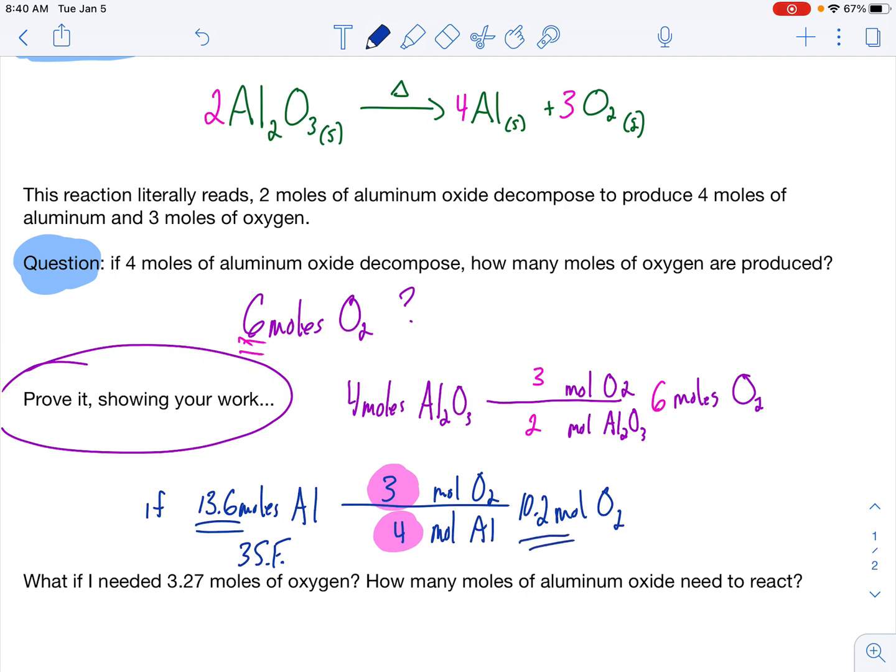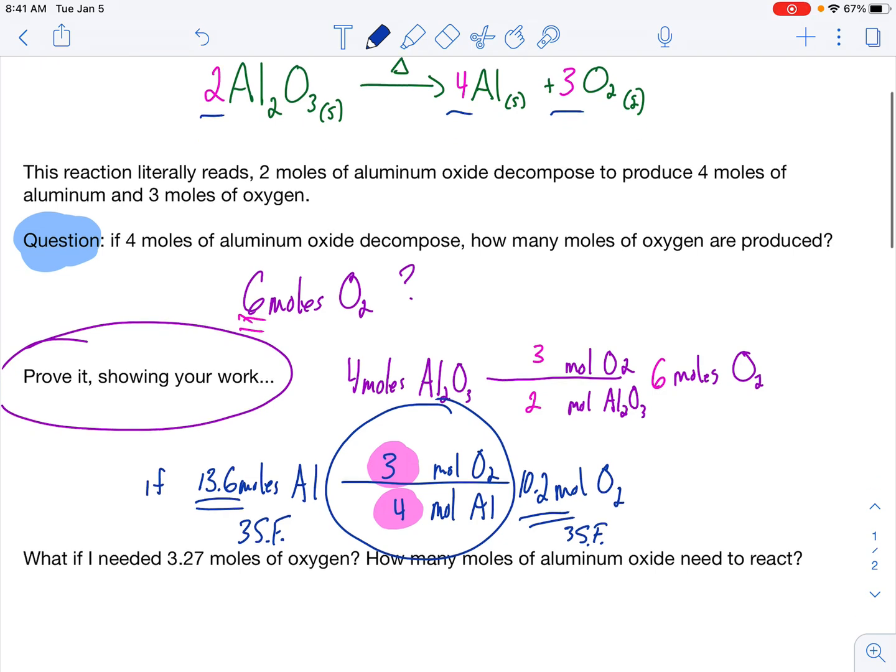That means my answer is also going to have 3 sig figs. The ratio part of stoichiometry, the whole point of stoichiometry, converting moles of one thing into moles of a different thing, does not take part in significant figures. We're going to call these an infinite number of significance, these whole numbers that actually balance the equation.